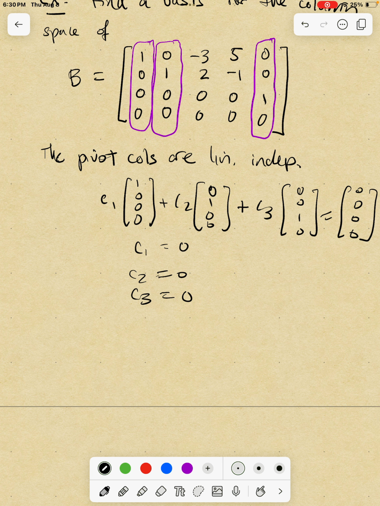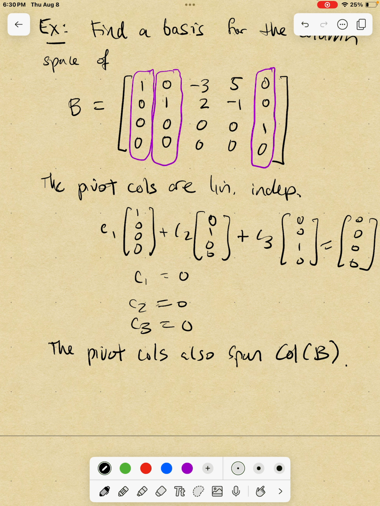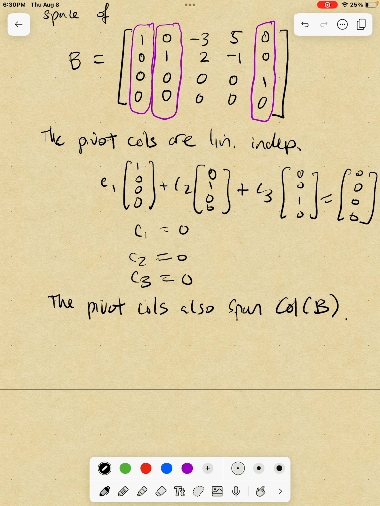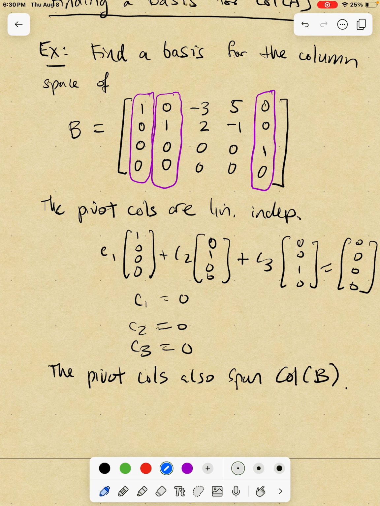Now I claim that they also span the column space. How come? The column space of B is the span of these 5 vectors. For simplicity, let's call them V1, V2, V3, V4, and V5.